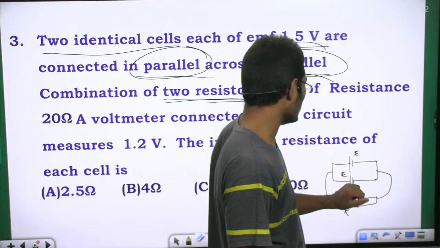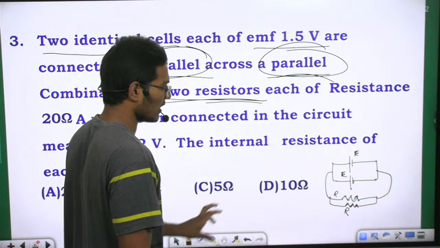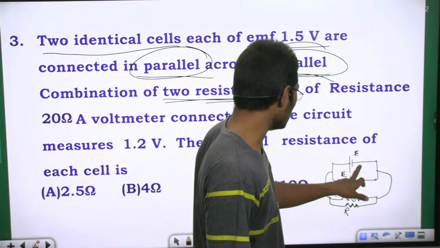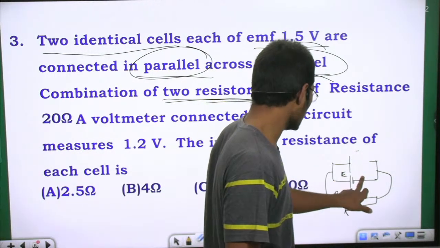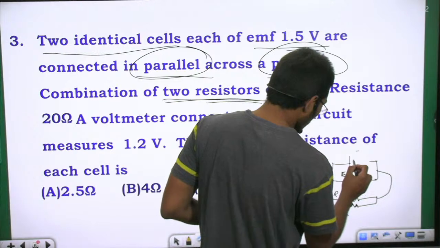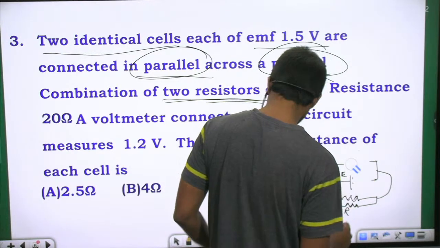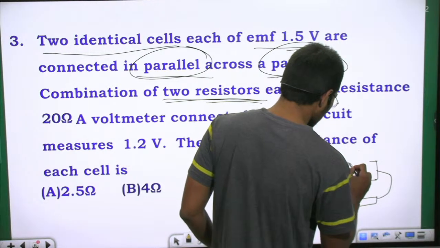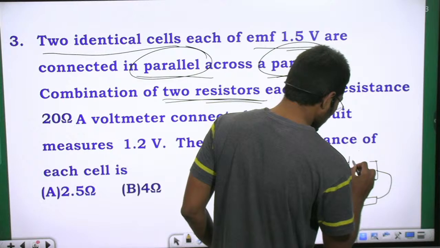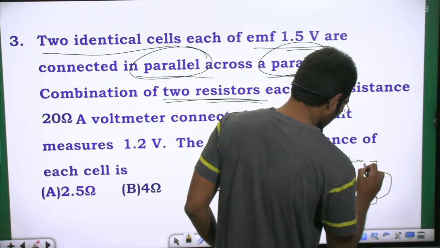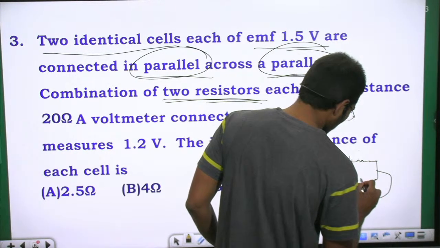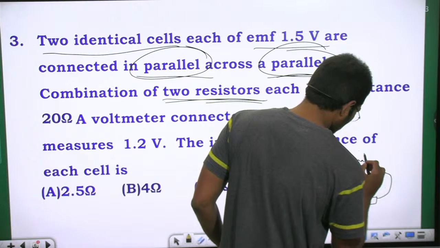So this is the notation for an ideal cell. Here he is asking for the internal resistance. So we cannot show a real cell this way. The real cell has some internal resistance which looks this way.